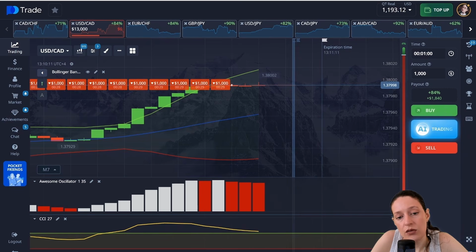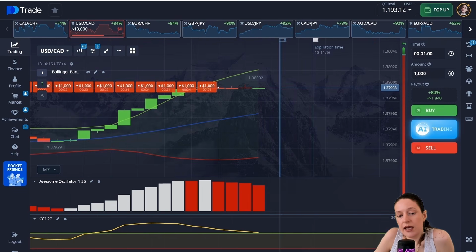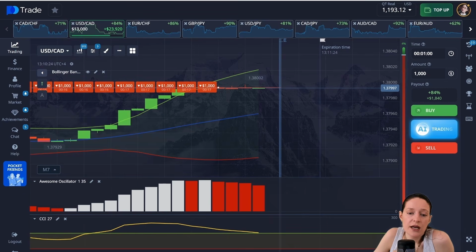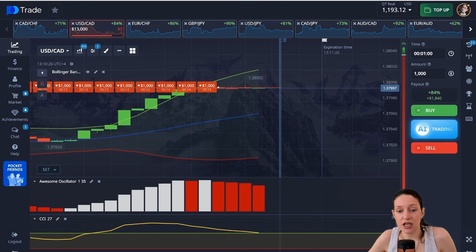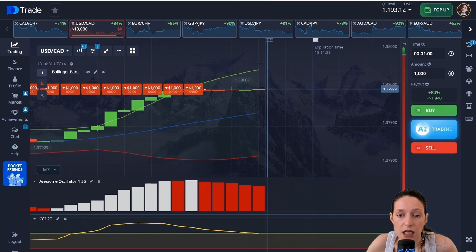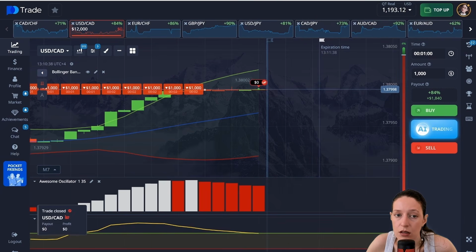Also, the yellow line of the CCI is above its own green line but has started to move down. These 3 indicators, as they are now in combination, give me a signal. In such case, I open a position in the downward direction. Let's see how things develop.